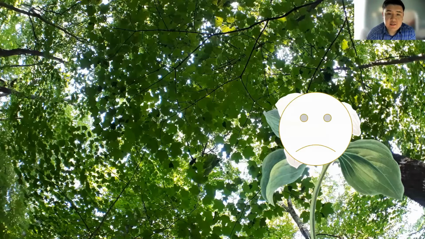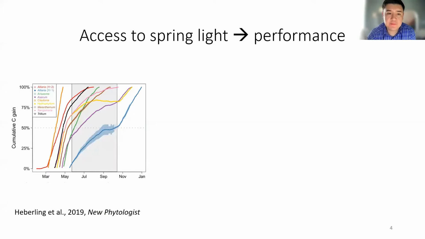Once the canopy closes in late spring and early summer, many of these spring species, or spring ephemeral species as they're often called, will then retreat underground and senesce their leaves and hold on to whatever carbon they were able to sequester in, again, what is a 2 to 3 week period typically.